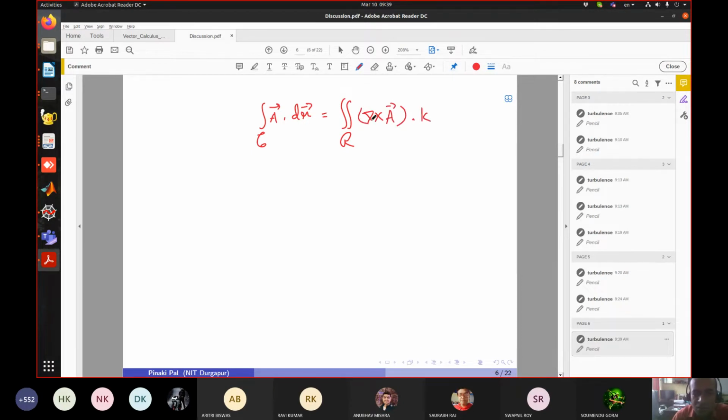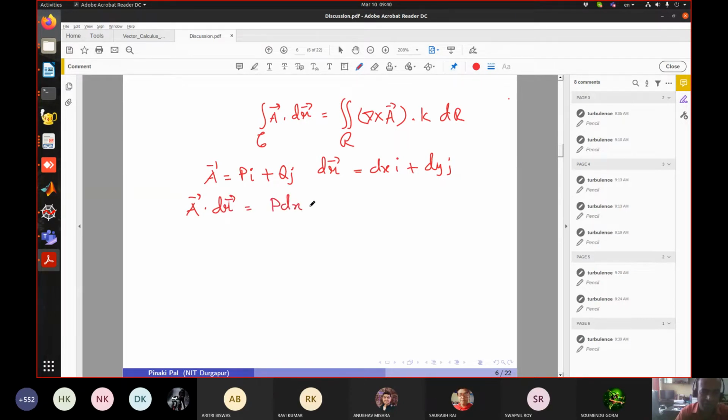That means the third component of this vector we have to consider, and then dr is equal to dx dy. So let us take A is equal to P i plus Q j, and dr equal to dx i plus dy j. Therefore on the left hand side A dot dr is equal to P dx plus Q dy.